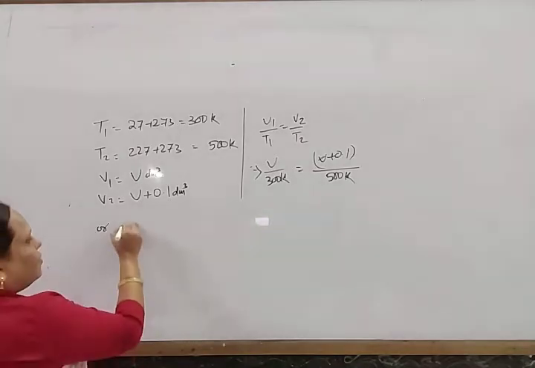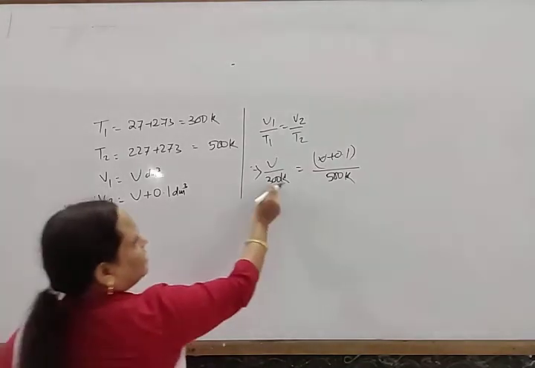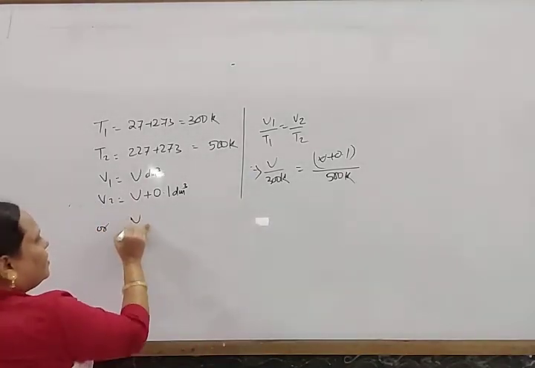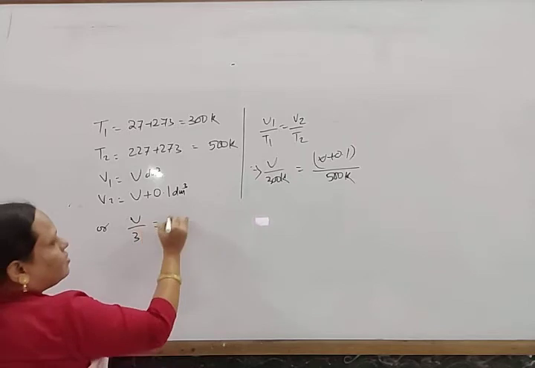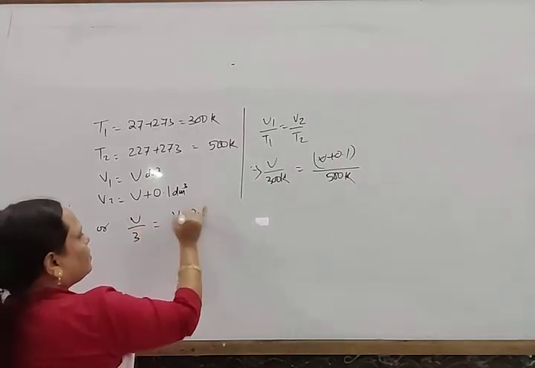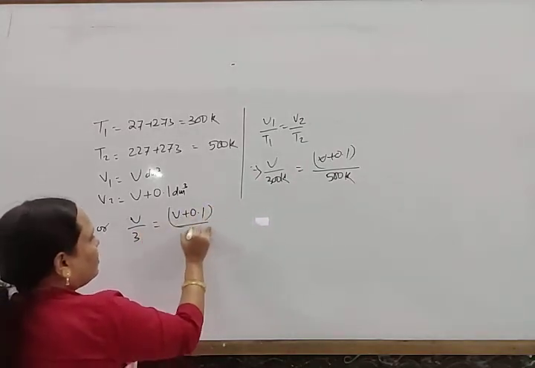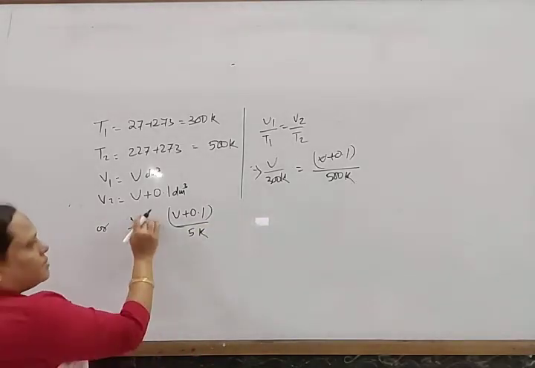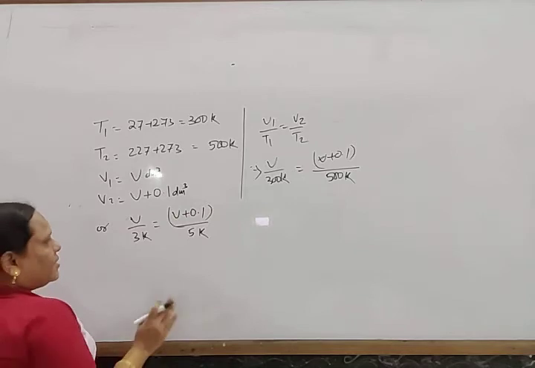So this is 300, 500, you can write V by 3 equal to V plus 0.1 by 5, and this is dm³, already given.